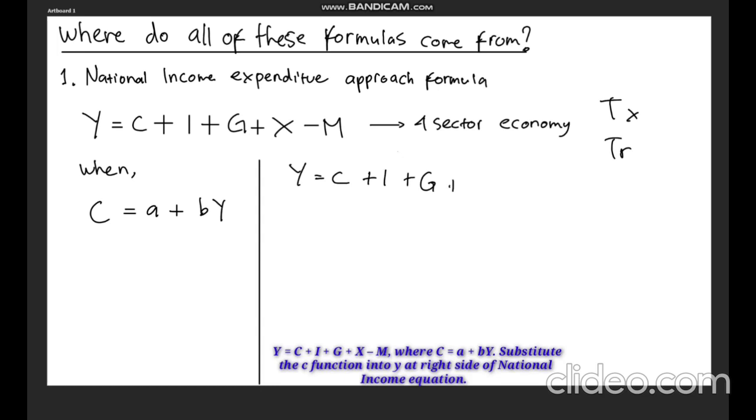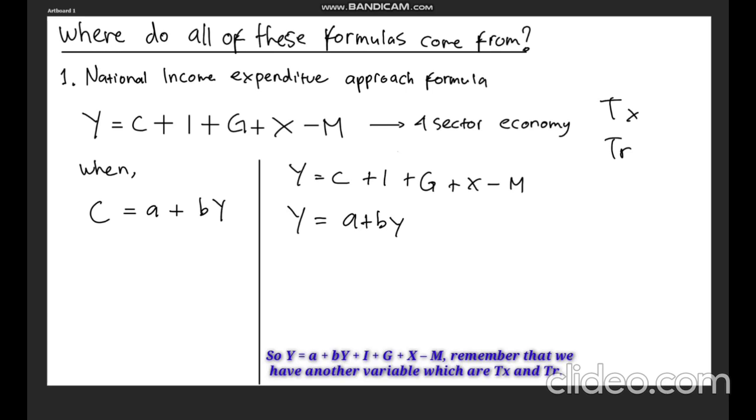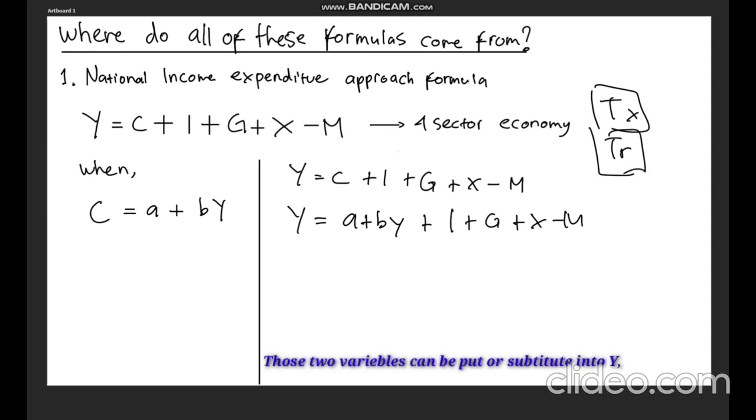So here, y equals c plus I plus g plus x minus m, where c equals a plus by. Substitute the c function into y on the right side of the national income equation. So y equals a plus by plus I plus g plus x minus m. Remember that we have other variables, which are tax and transfer payment, or tx and tr. Those two variables can be substituted into y.